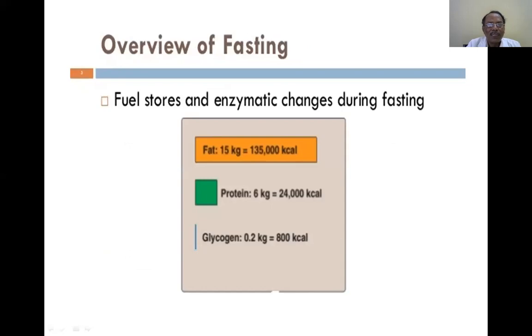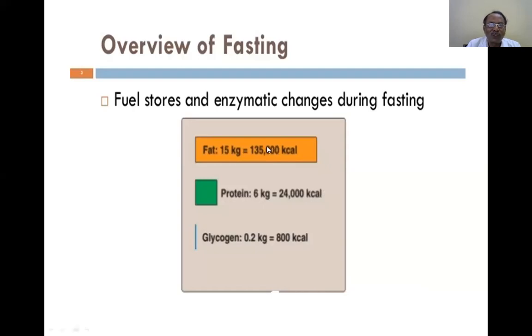The fuel stores and enzymatic changes during fasting we shall discuss. In the body, what may be the amount of fat in a moderately built and nutritionally normal individual? About 15 kg of fat in a 70 kg individual will be the fat store, which amounts to 135,000 kilocalories.